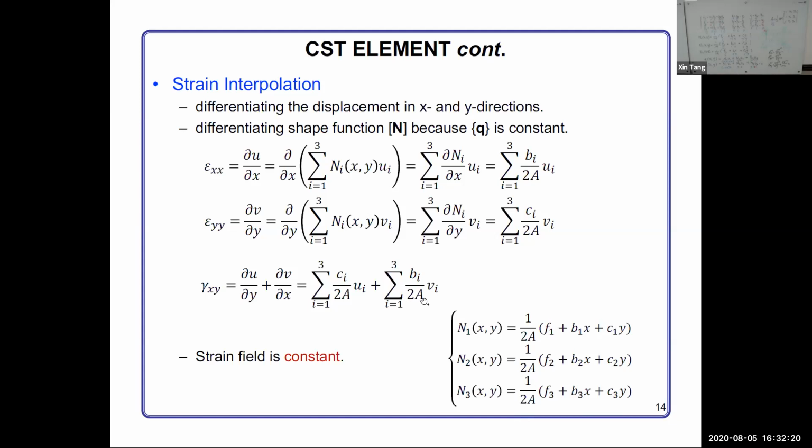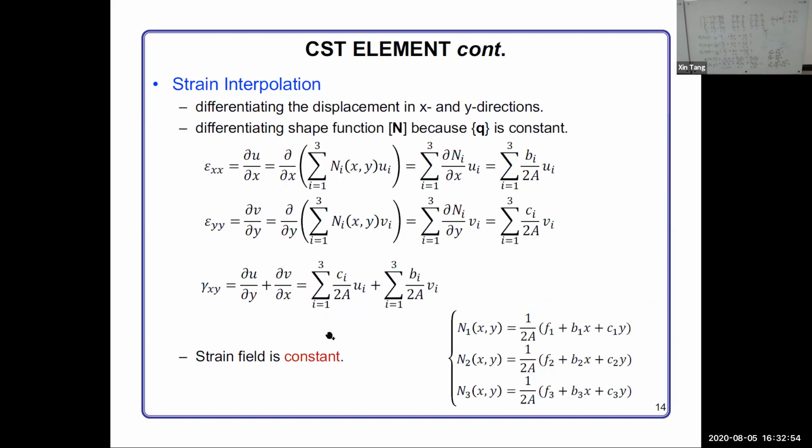And partial V, partial X gives B1 over 2A, B2 over 2A, B3 over 2A, multiplied by V1, V2, V3 respectively. Like in MATLAB, you would have the B matrix dot-star product with the Vi matrix. So now we get the 3 strain components, and they are all constant.